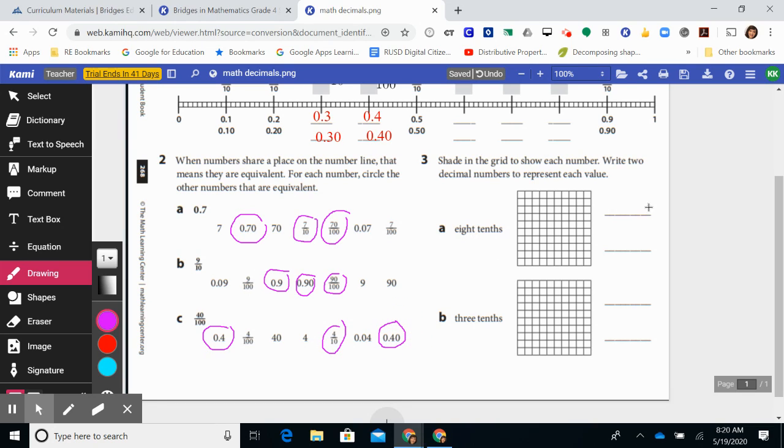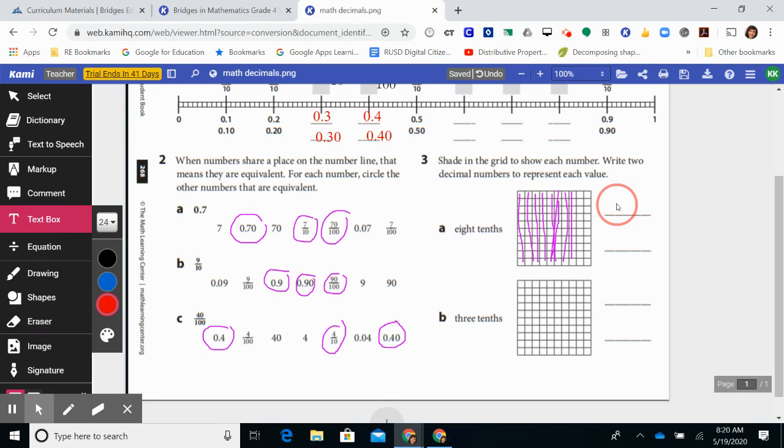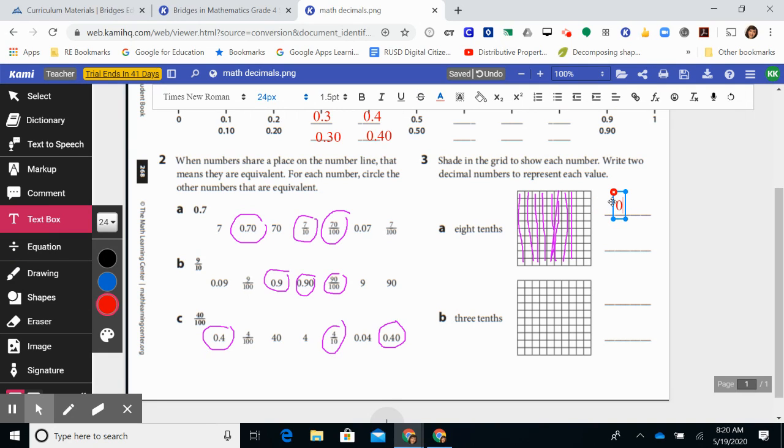Now, when I'm writing these on a hundredths grid, if I have 8/10, that's basically telling me that I have 8 of 10. So I have to draw this all the way to 8, and I'll have 2 tenths left over on my number line here. And so the equivalent decimal would be 0.8, and then 0.80.